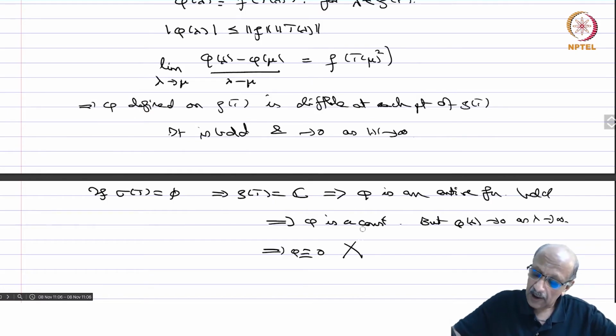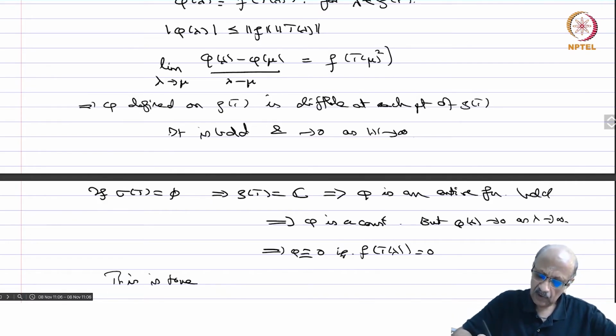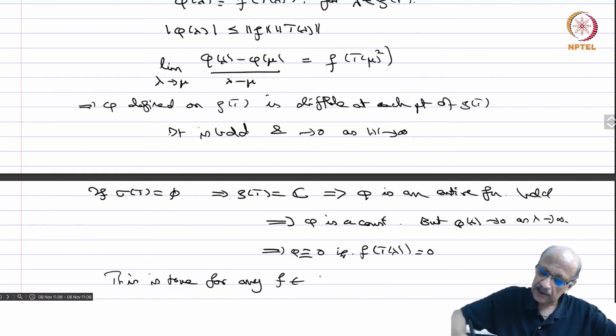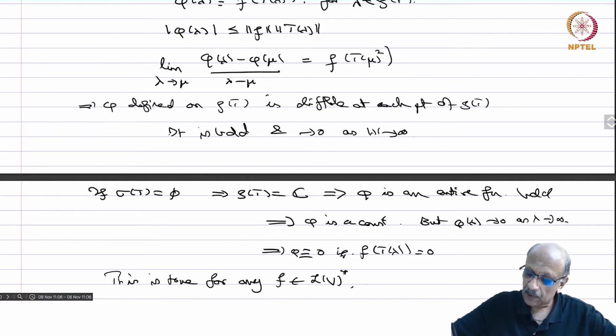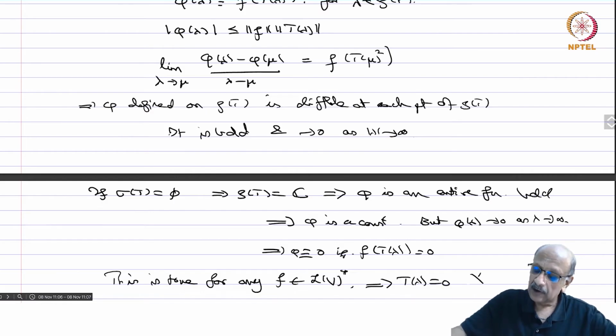That is, f of T_lambda equal to 0. This is true for any f in LV star, but the dual separates points, so this implies that T_lambda equal to 0, and that is a contradiction. T_lambda is the inverse of an operator, it cannot be the 0 operator.